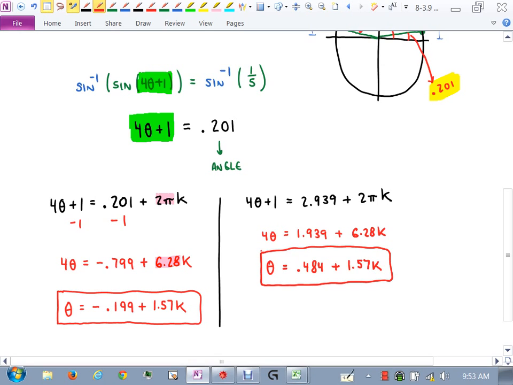Those are my general solutions. It's a lot more work than it looked like it might be in the beginning, huh? All right, questions?